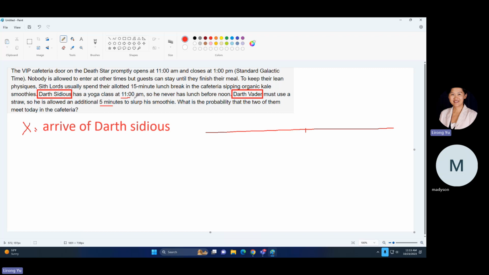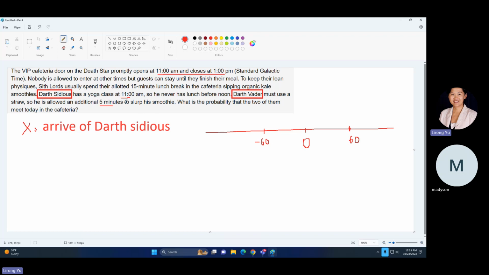About 11 o'clock to 1 o'clock is when the cafeteria is open. If we consider lunchtime noon as 0, then 1 o'clock will be 60 minutes after 0. That's 1 p.m. when the cafeteria door closed. It opened at 11, which is negative 60 minutes, 60 minutes before noon. So I'm using negative 60 to positive 60.